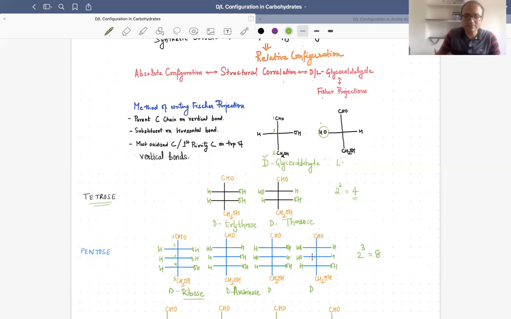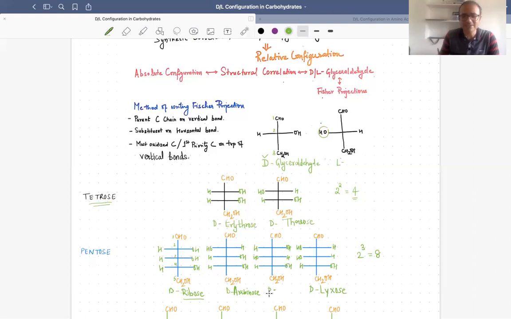The extreme one is nothing but your lyxose. You don't have to remember it; I guess these structures won't be asked. It usually doesn't come in the question papers. You just have to know about it.